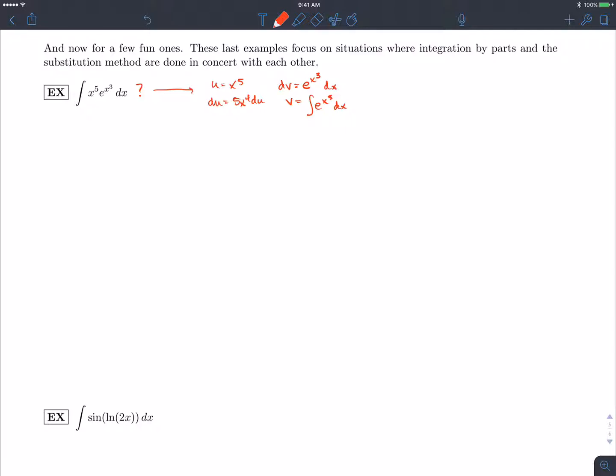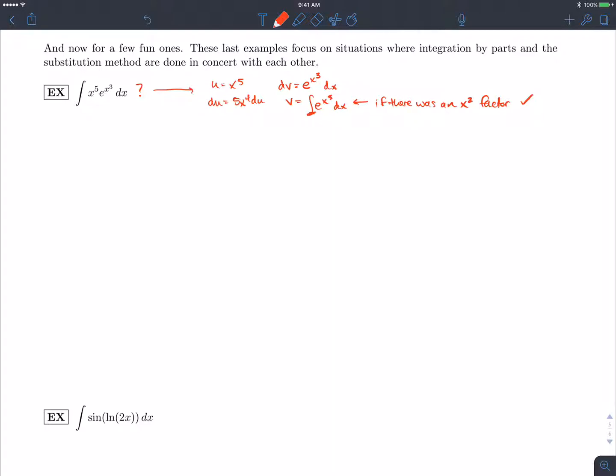What I would note, though, is that if this had an extra x squared with it, like maybe out in front of it, we would be able to work this using u substitution, because we could let u be x cubed, and then our du would be 3x squared, and we'd be able to do that.